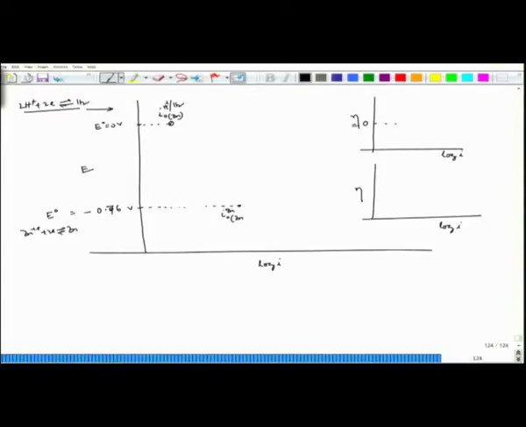Overvoltage equal to 0 indicates E0 to be 0 volt here, and here, η equal to 0 indicates E0 equal to minus 0.76 volt for zinc. They would have their own cathodic and anodic polarization plot.